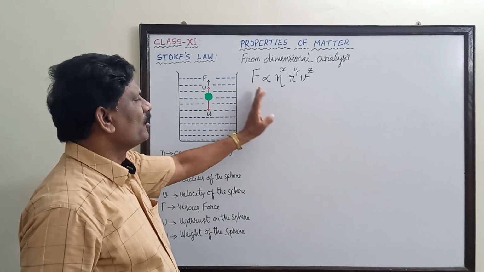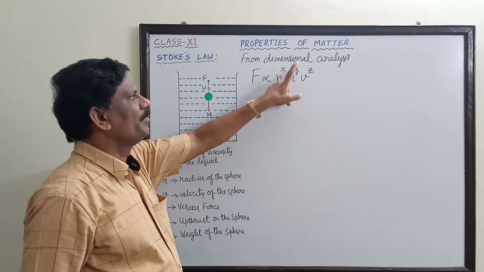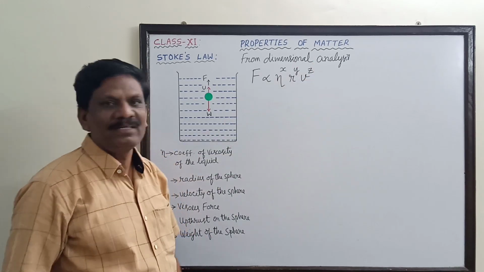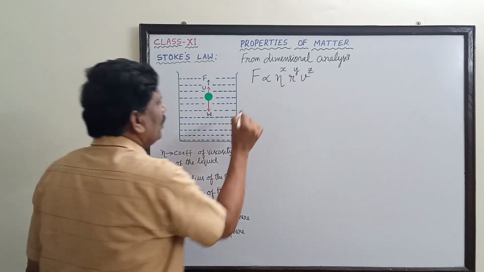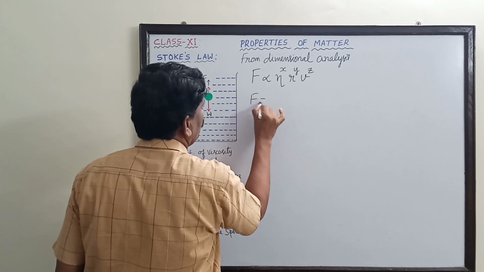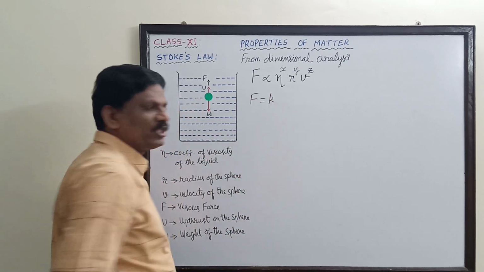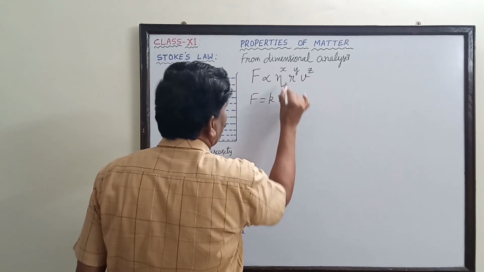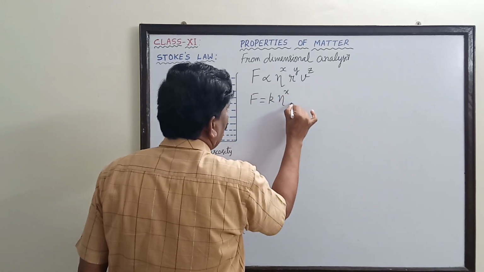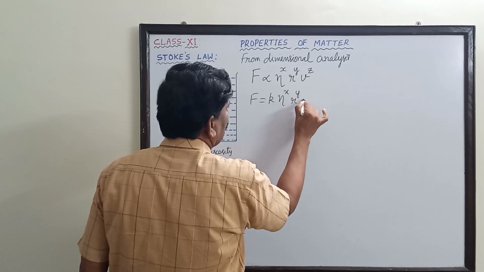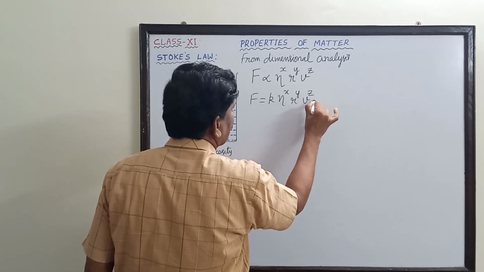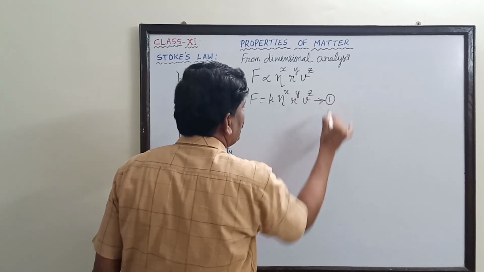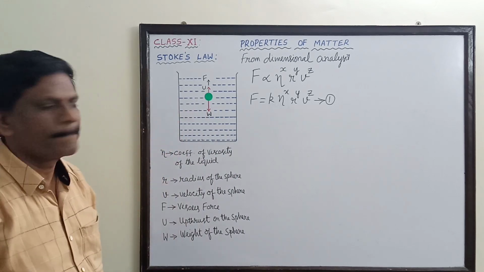So F is proportional to eta power x, R power y, and V power z. Or F is equal to a constant of proportionality k into eta power x, R power y into V power z. So this is the main equation number 1.